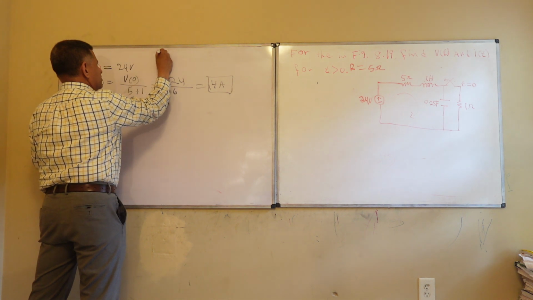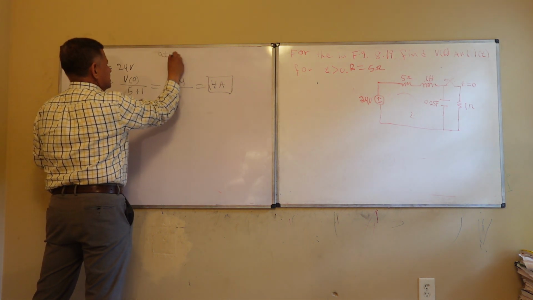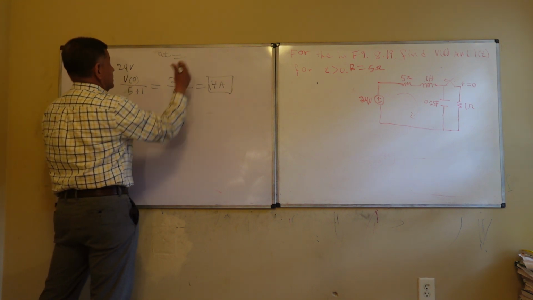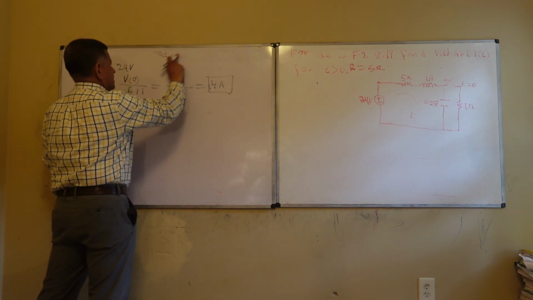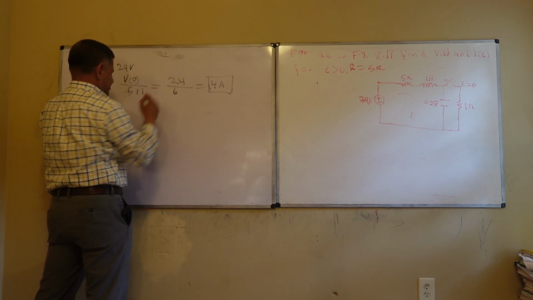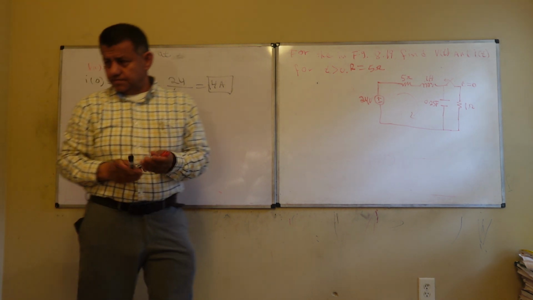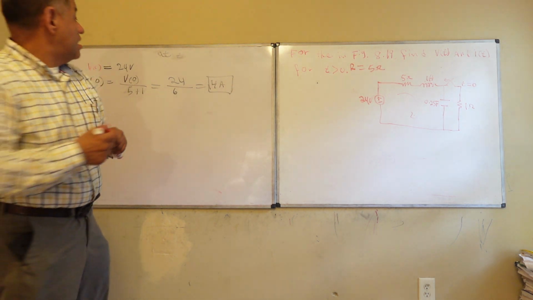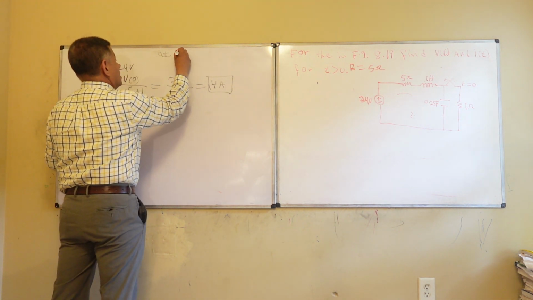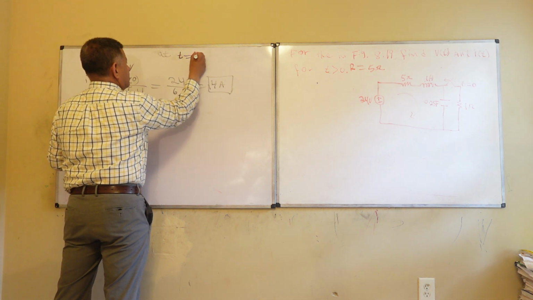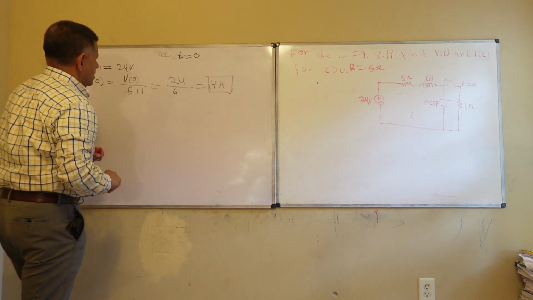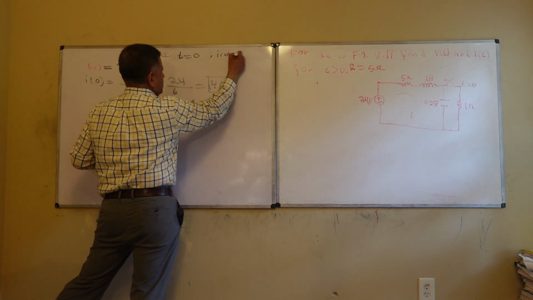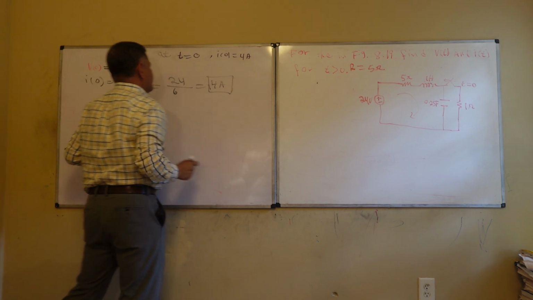At t equals 0, I of 0 is equal to 4 amps.